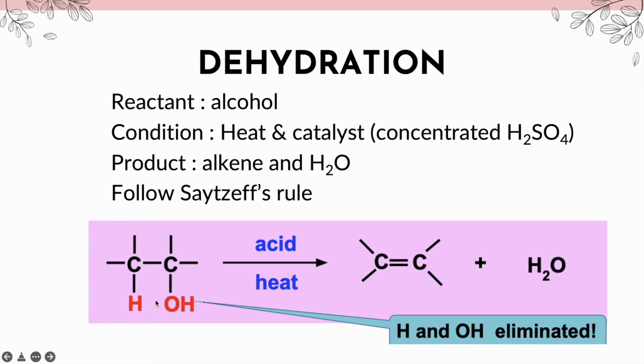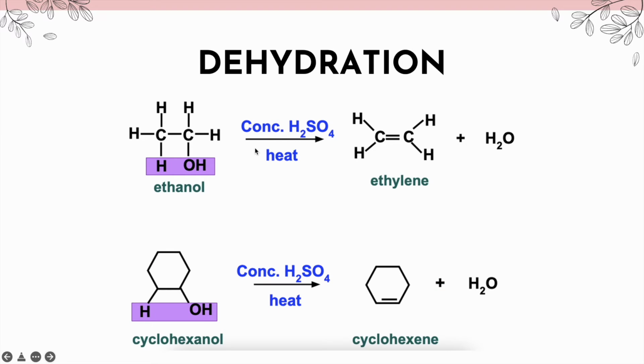In dehydration, remove one hydrogen, remove one OH. So the side product is H2O. This is the dehydration reaction. For example, ethanol. In the presence of catalyst concentrated H2SO4, heat, remove hydrogen, remove OH, and the product is alkene, side product water.